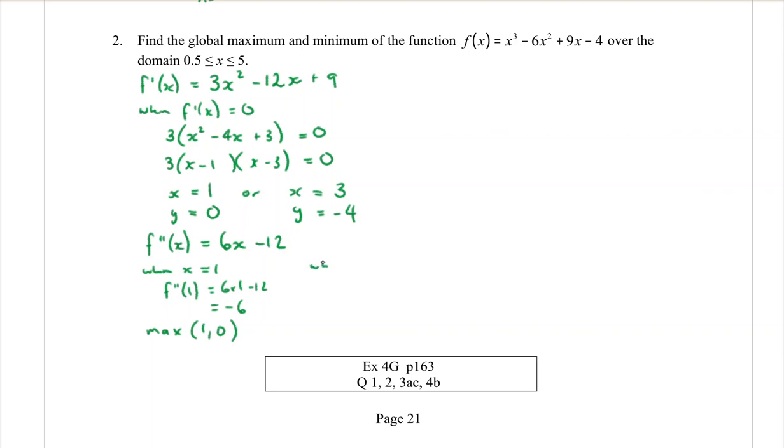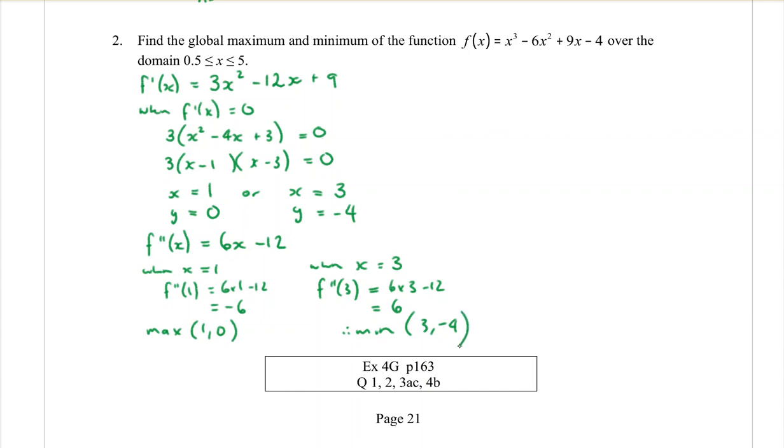Let's do it again when x is equal to 3. F double dash of 3 equals 6 times 3, take away 12. So that's 18 take away 12, which is a positive 6 this time. Because it's positive, it means concave up, which means that that is going to be a minimum at 3, negative 4.